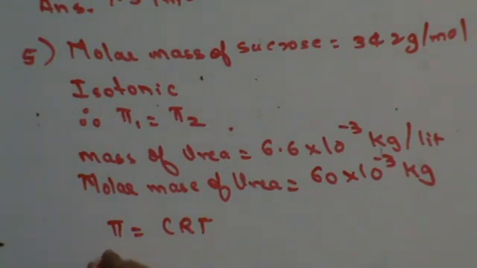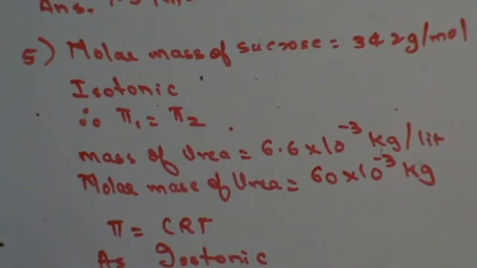So if I can say as isotonic, that means pi 1 will be equal to pi 2. Therefore C1 RT should be equal to C2 RT. That means I can say concentration of sucrose should be equal to concentration of urea.